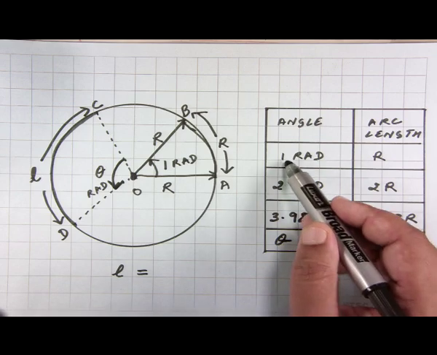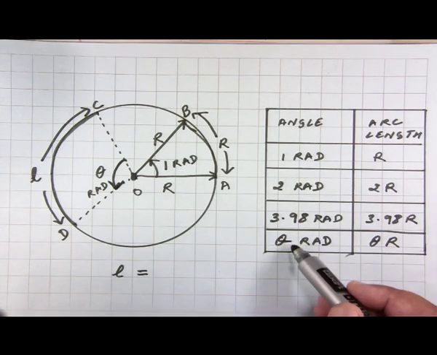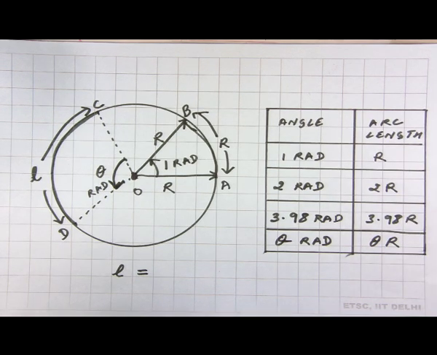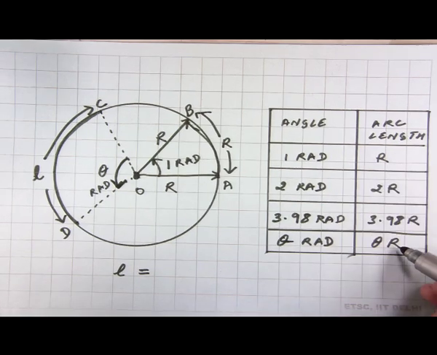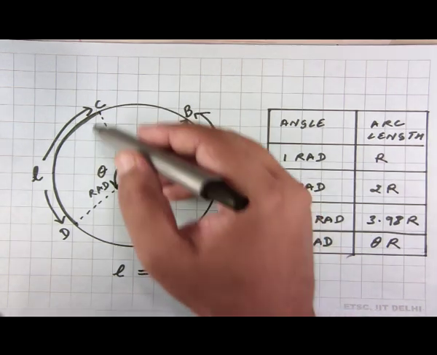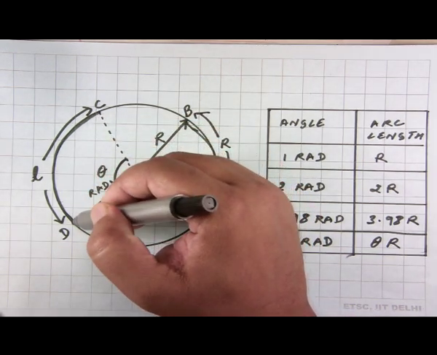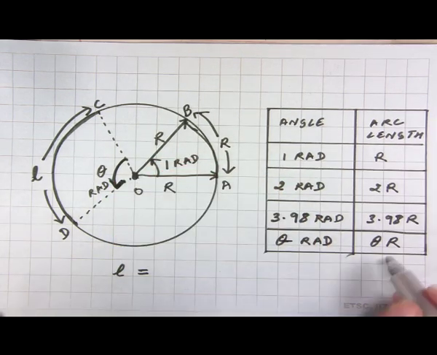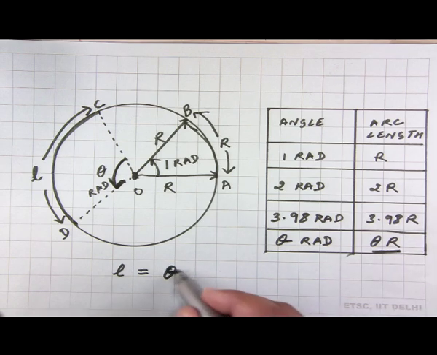So, there is a multiplying factor of theta going from 1 to theta, and therefore the arc length should also increase proportionately from r to theta r. That is how we get our answer: the length of this arc corresponding to this angle of rotation theta will be equal to theta times r units.